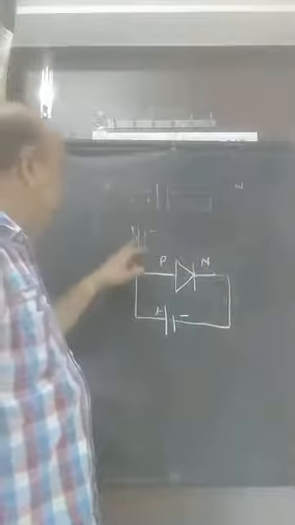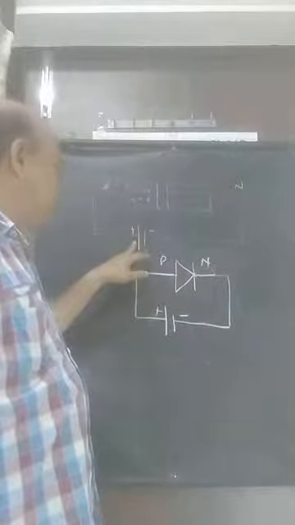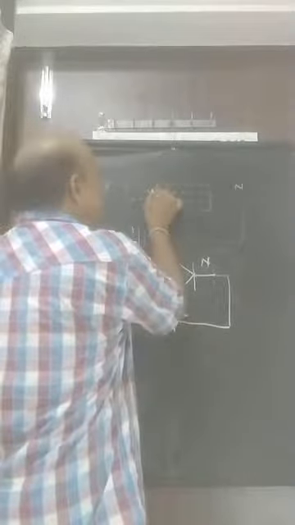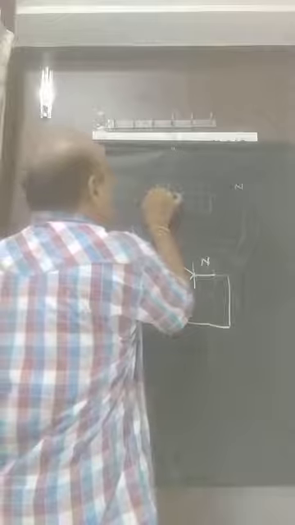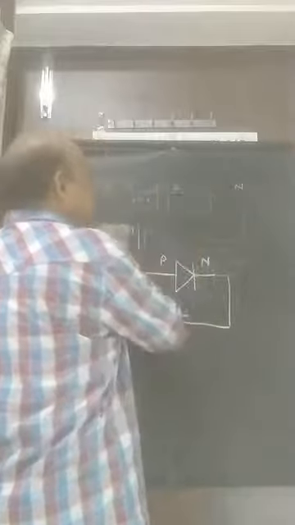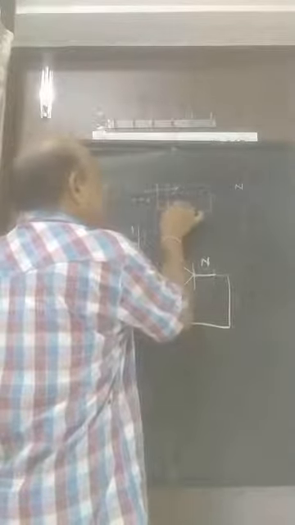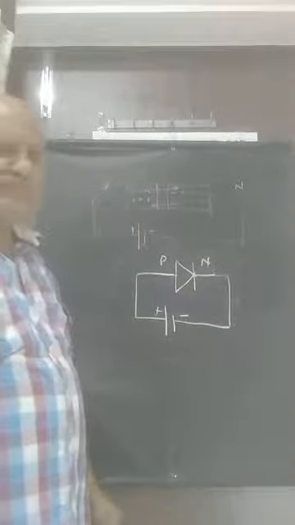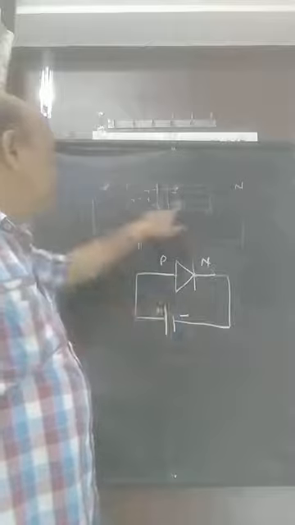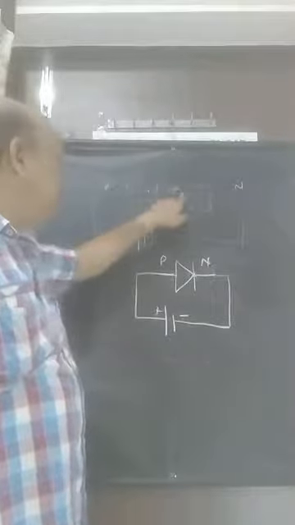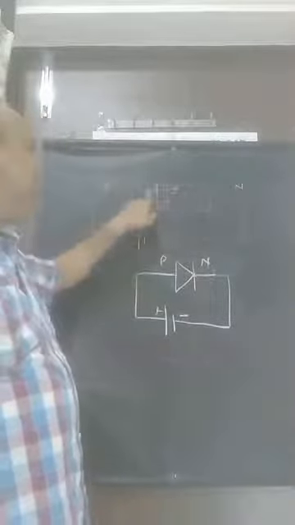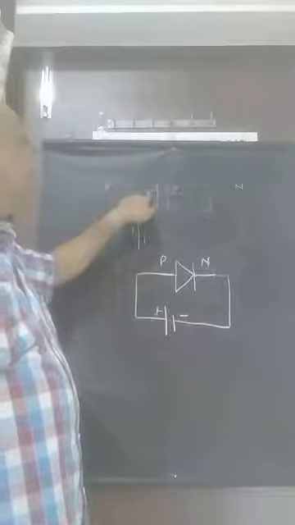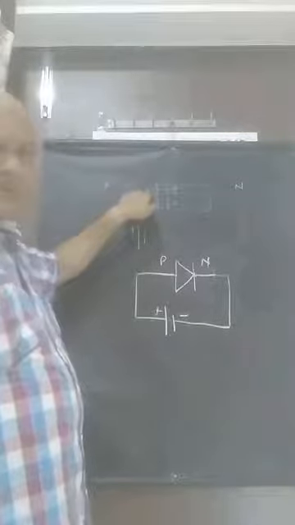So what happens after applying this voltage? These positively charged holes will move towards the negative side, and these negatively charged electrons will move towards the positive side. While moving, this hole to the N side will create a hole here.